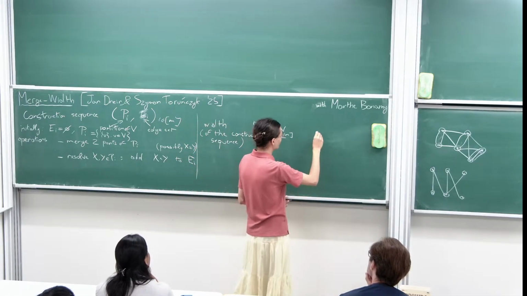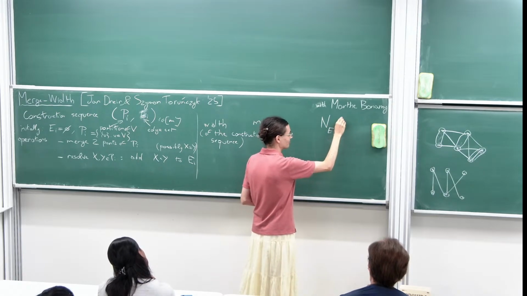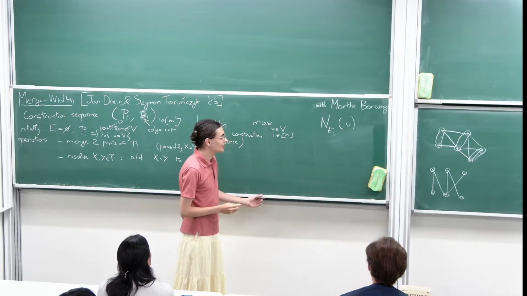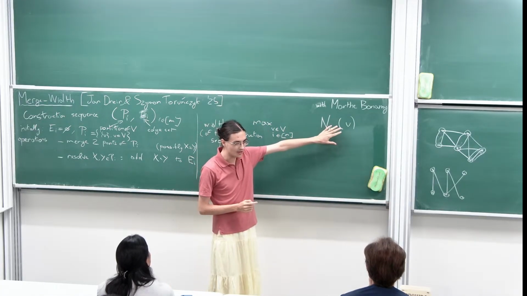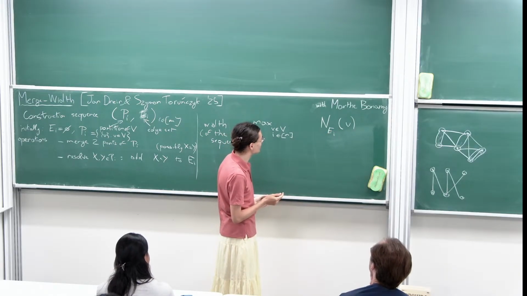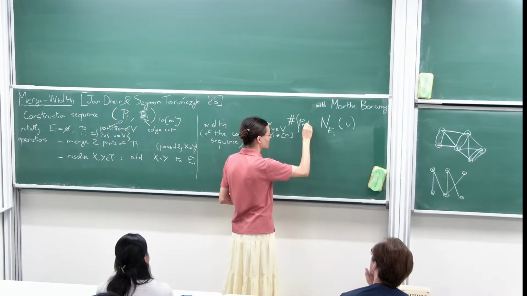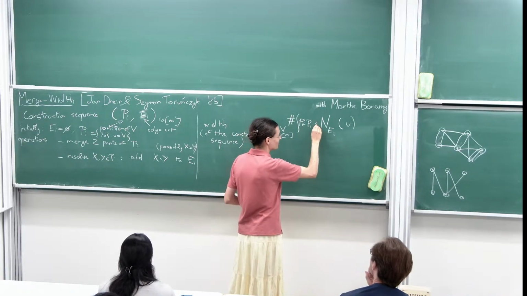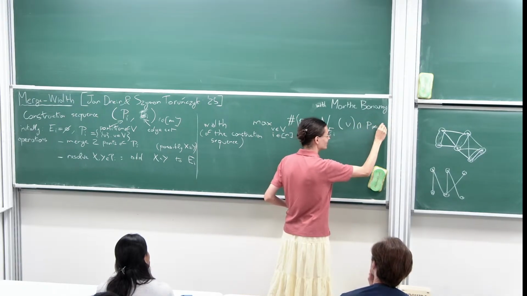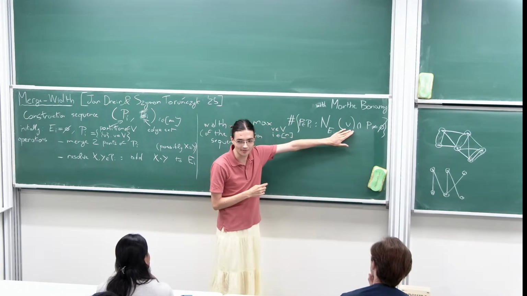And now you want to look at the neighborhood of this vertex in the current set of edges. And you want to say that this is small, but small with regards to the partition. So how should I write it? It's the number of parts P in the partition such that this neighborhood intersects the part. This will be the cost locally for the vertex.